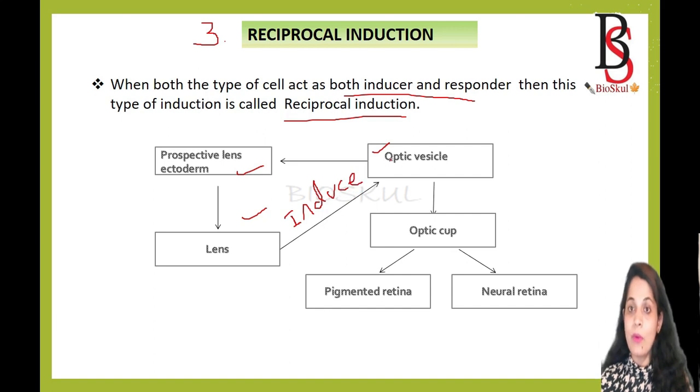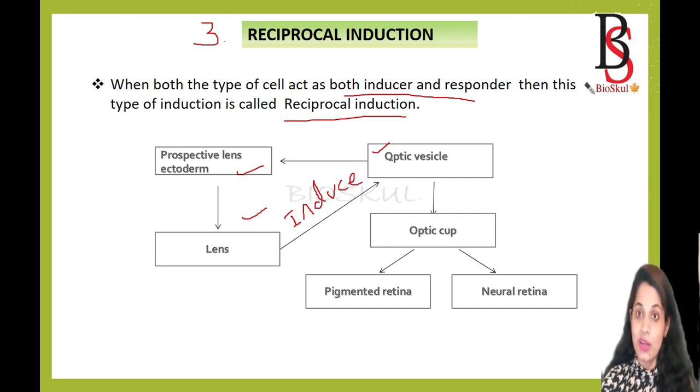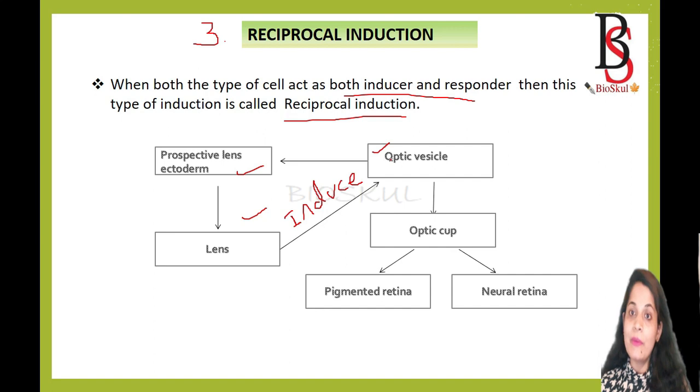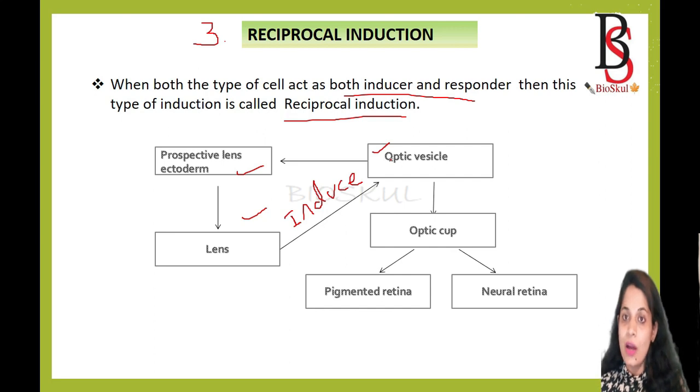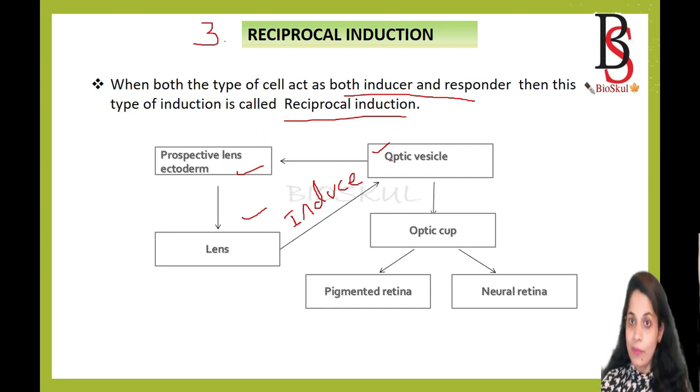In the first step, the optic vesicle is the inducer, and now the optic vesicle is induced. That is reciprocal induction. When the lens induces the optic vesicle, it forms the optic cup, and then it differentiates into two types of retina, known as the pigmented retina and the neural retina.